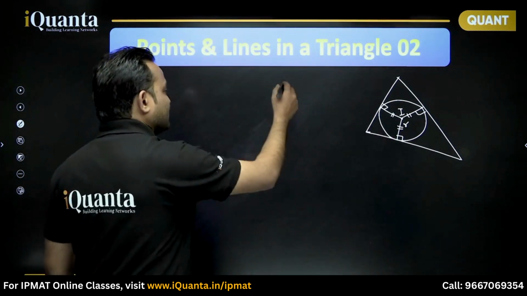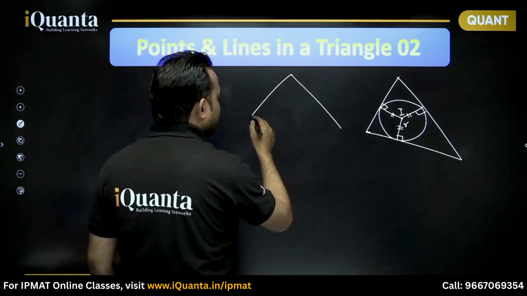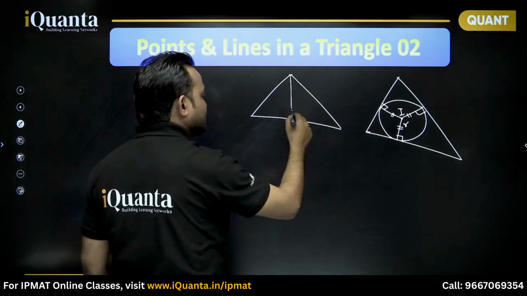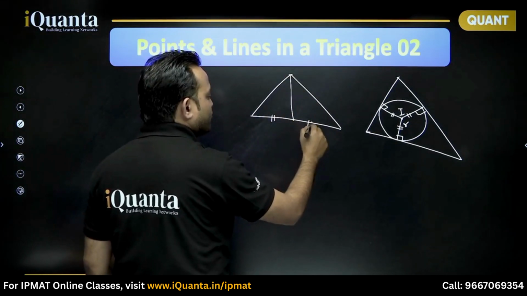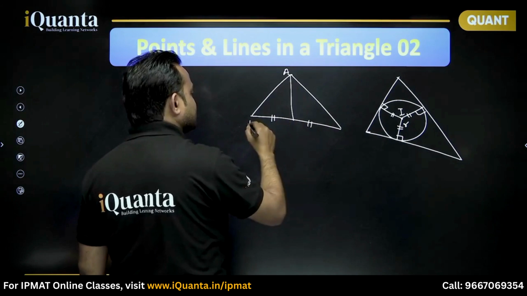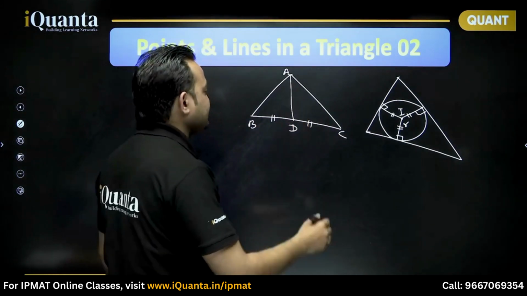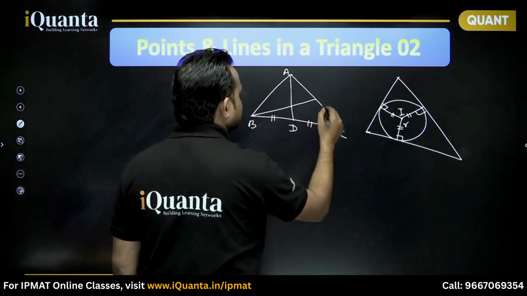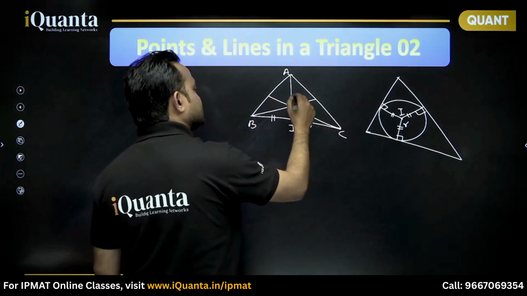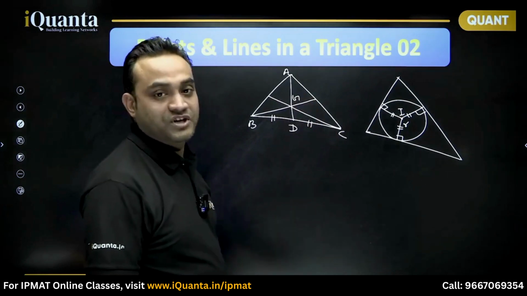In any triangle, from any vertex, if you join the midpoint of the opposite side, this length AD is known as a median, and the intersection of medians is known as the centroid, which is denoted as G.